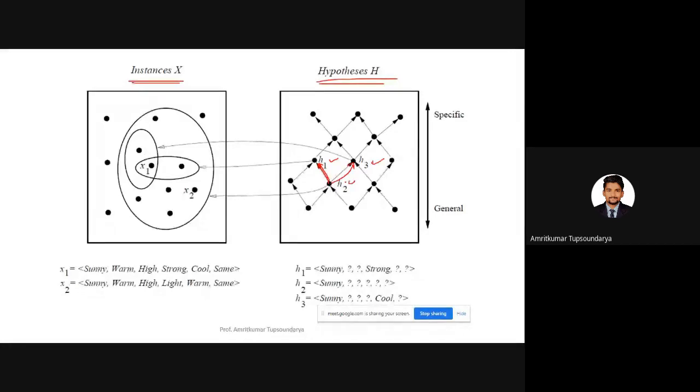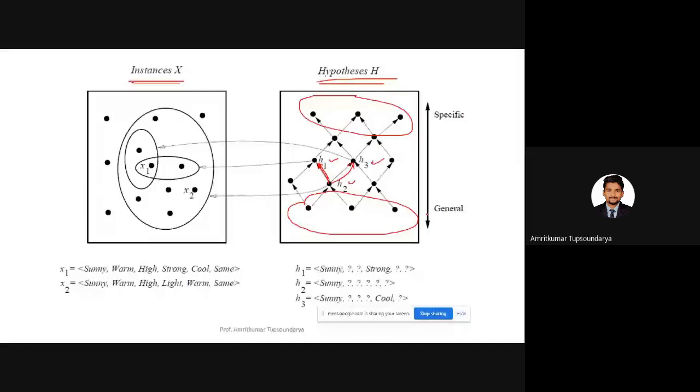So these arrows play a very important role. We have to focus more on arrows. Right. So these instances are more specific, right? And these instances below, we can say they are comparatively more general.